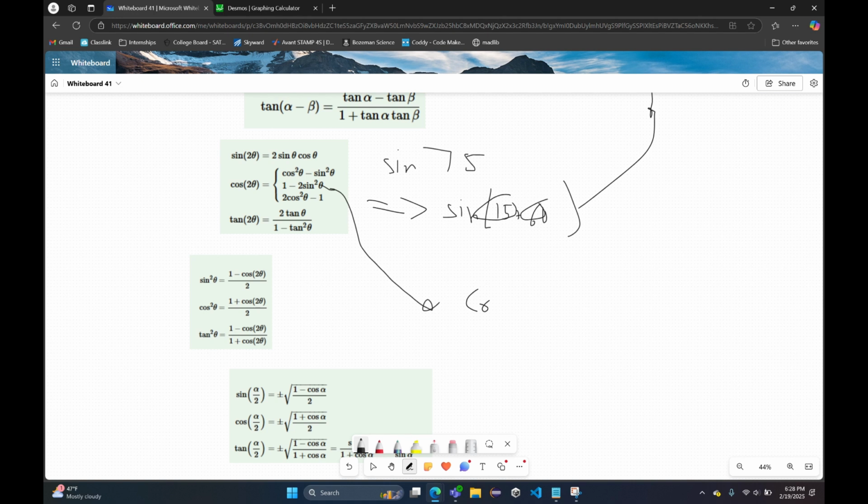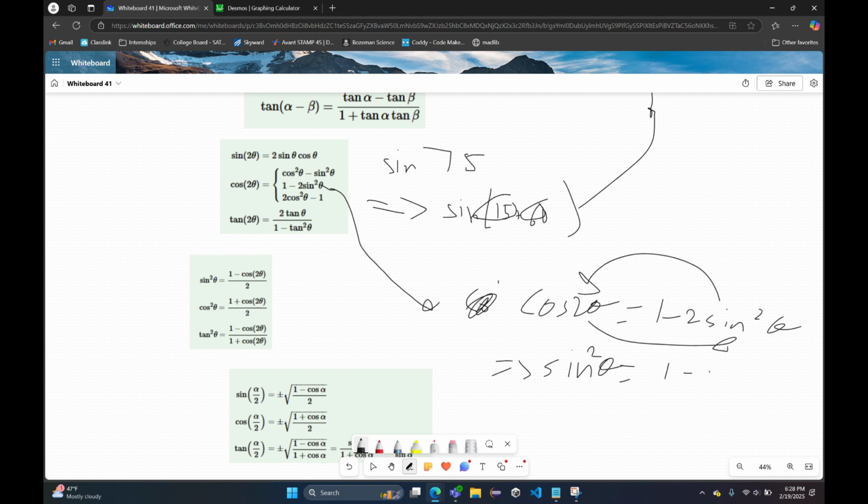You're going to have cos 2 theta equals 1 minus 2 sine squared theta, which implies solve for sine squared theta, and you get sine squared theta equals, so you bring it to this side, you bring cos 2 theta to this side, and you have 1 minus cos 2 theta, and we also had a 2 here, just going to divide by 2, and we get this.